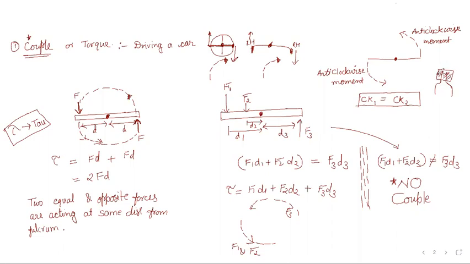So you hold the bottle in your hand, your thumb takes a motion like this, and your other four fingers take a motion like this. Just imagine, whether you open or close, it is basically a couple. So whatever moment the thumb is creating, the same moment the other four fingers must create.